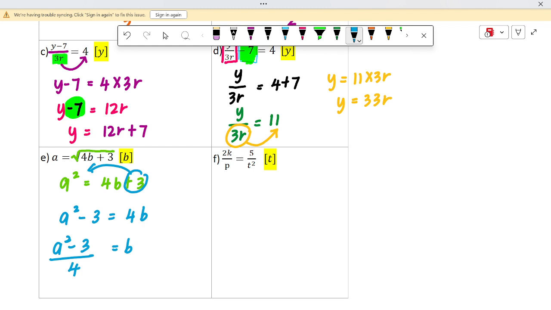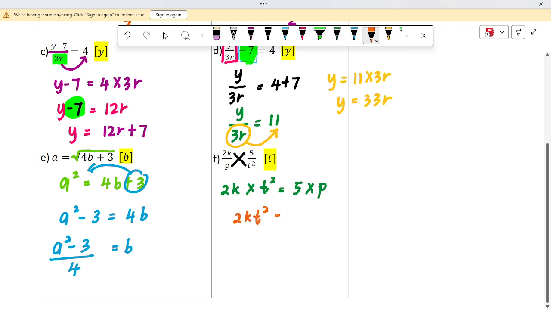Let's see the last one. The last one, I have given you a fraction on both sides. When you have a fraction on both sides and equals in between, the best way to solve is cross multiply. Cross multiply means 2k times t square equals 5 times b, which will give you 2k t square equals 5b.